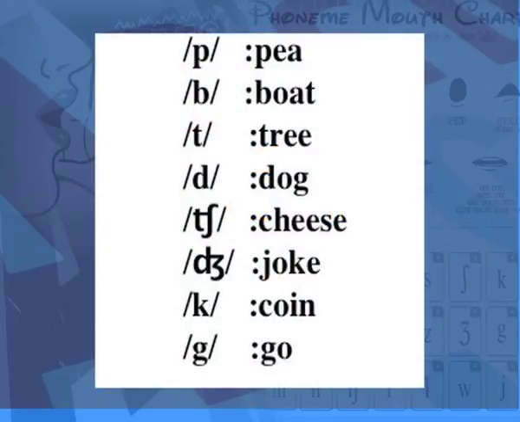The consonant symbols p, b, t, d, ch, j, k, g are pronounced as in pen, boat, tree, dog, cheese, joke, coin, and go.